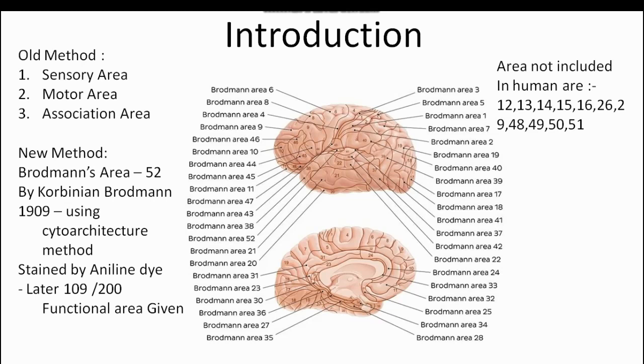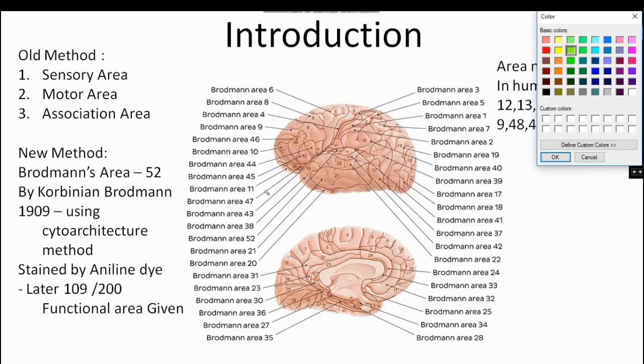This association area is the maximum part of the cerebral cortex, and it occupies approximately 75% of the cerebral cortex.